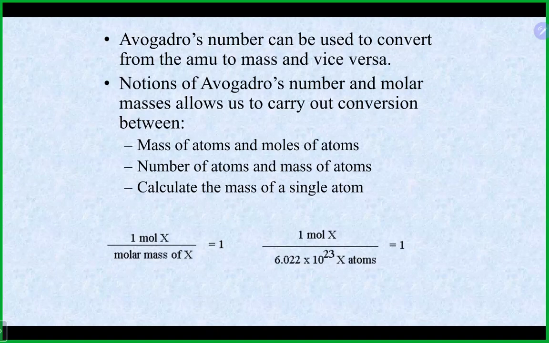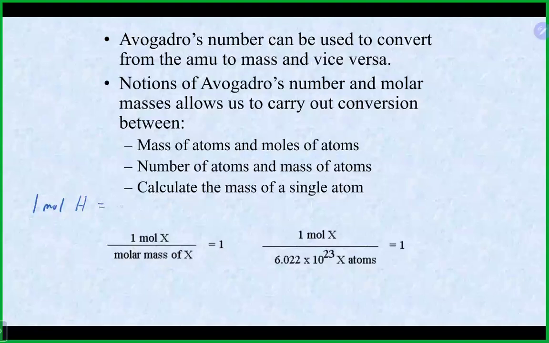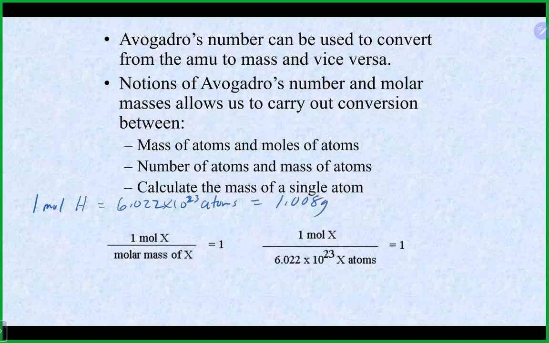If you have, for example, 1 mole of hydrogen, that would be 6.022 times 10 to the 23 atoms of hydrogen, and that would have a mass of 1.008 grams. If you had 1 mole of water, that would be 6.022 times 10 to the 23 molecules of water, and that would have a mass of 18.02 grams.